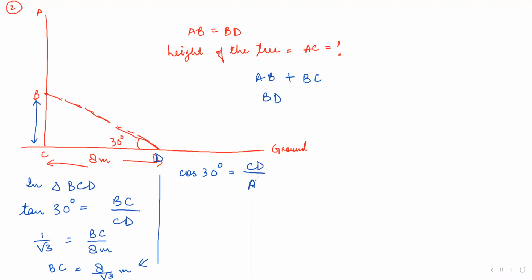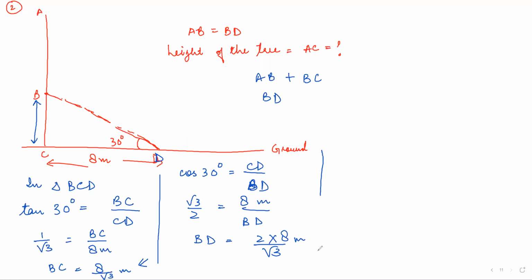CD by BD, right? Okay. Now cos 30 is actually sine 60, that is root 3 by 2. CD is again 8 meter. BD I want to find, right? So BD becomes 2 into 8 divided by under root 3 meter, right?